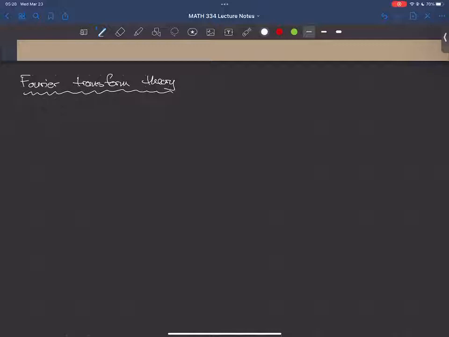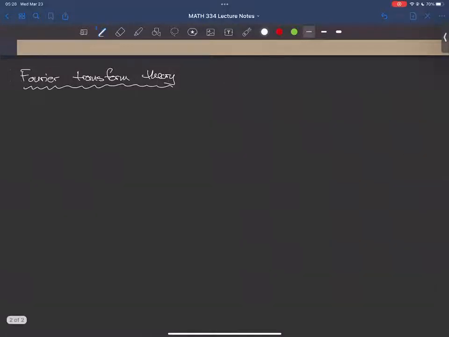Okay, the idea of Fourier transform theory, and we talked about this in the initial preparatory lecture, is that we take a function of time.